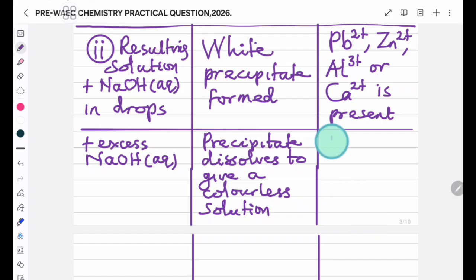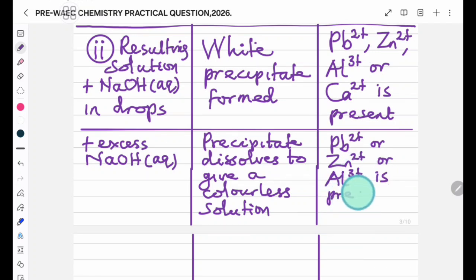We are going to have Pb2+, or zinc, or aluminum. One of them is present, but these are the three. Calcium is removed because calcium would not dissolve. Calcium ion forms insoluble white precipitate in excess sodium hydroxide.